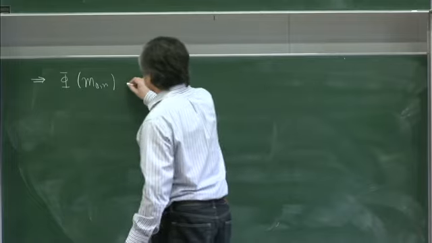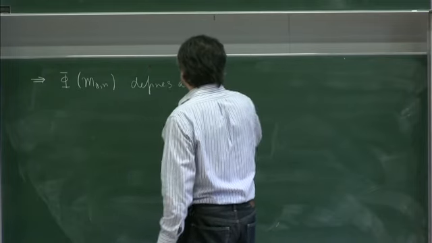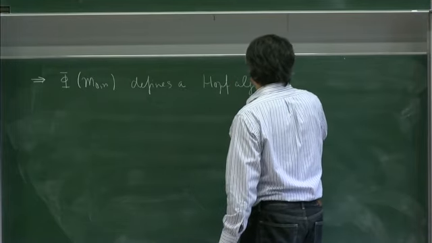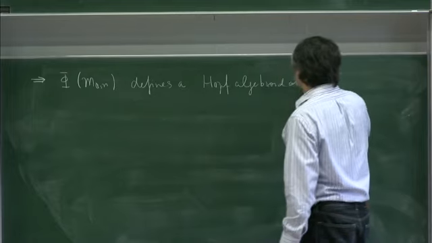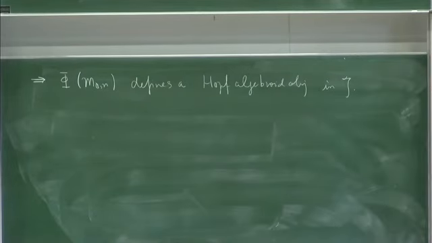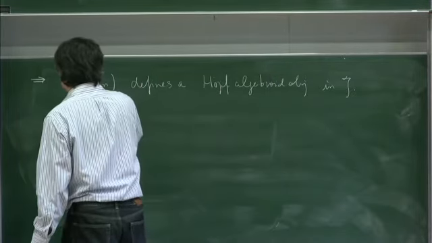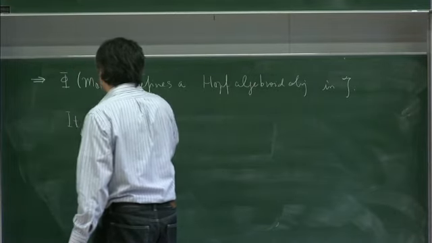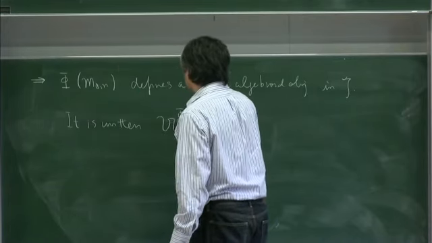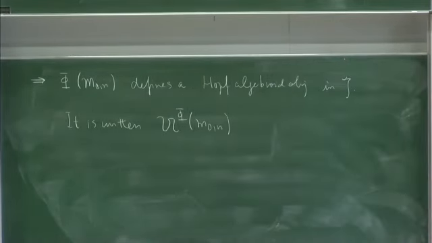So this defines a Hopf algebroid object in T. Therefore it is written U phi M0N. This is a Hopf algebroid object.